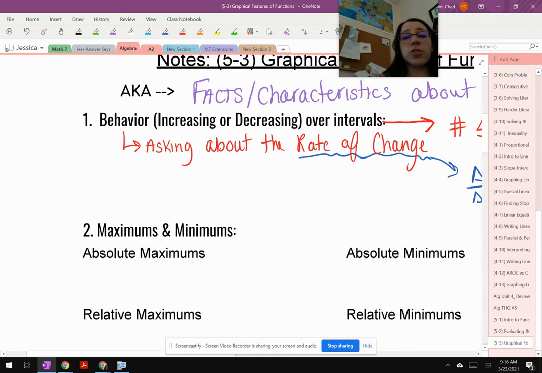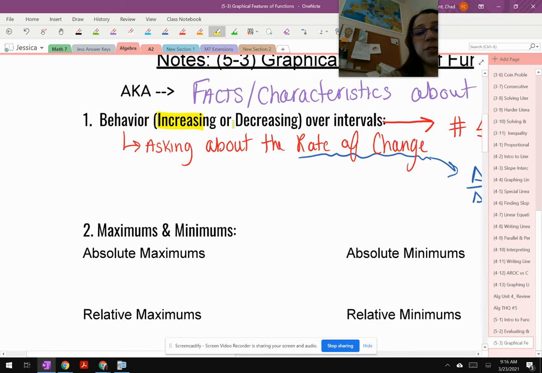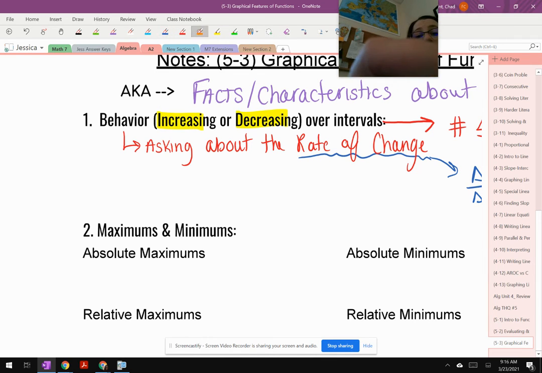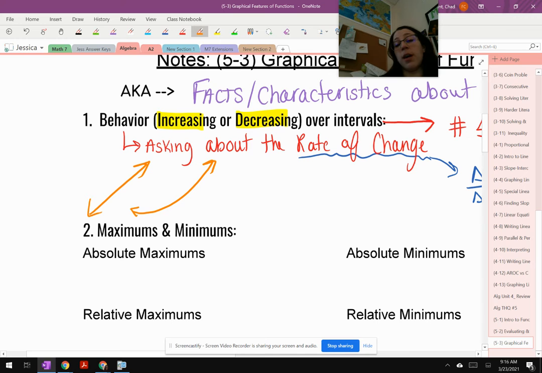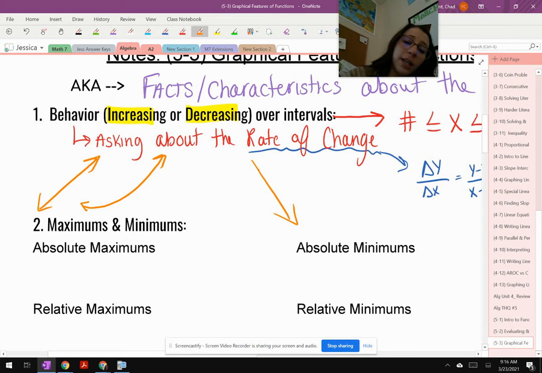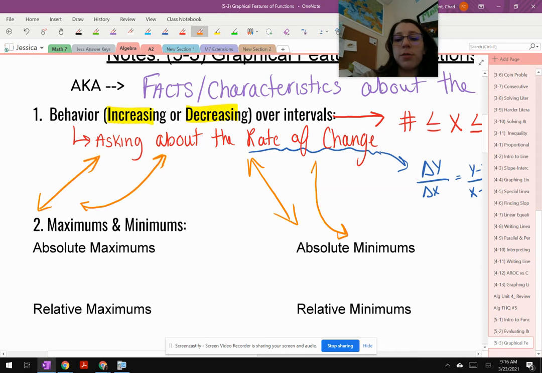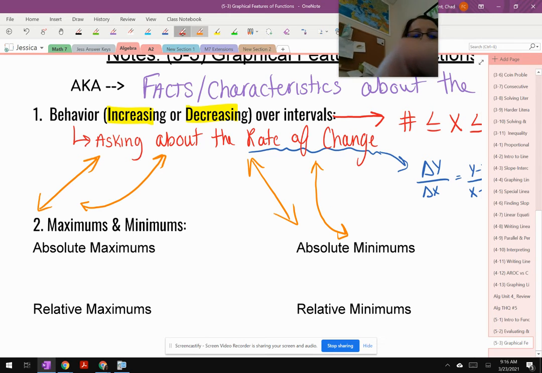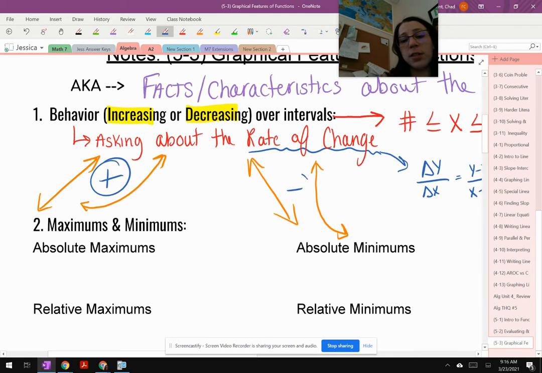It's simply just asking if the graph is increasing or decreasing. Do you have a graph that has a positive slope or is going up? Because remember, not all of these are going to be straight lines anymore. Or do you have a negative rate of change or a graph that is going down? So positive versus negative.